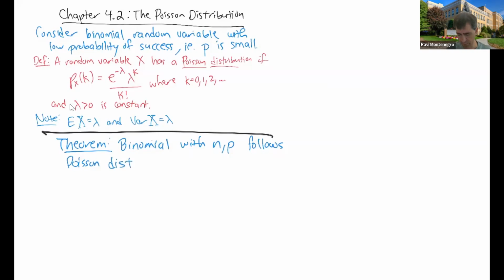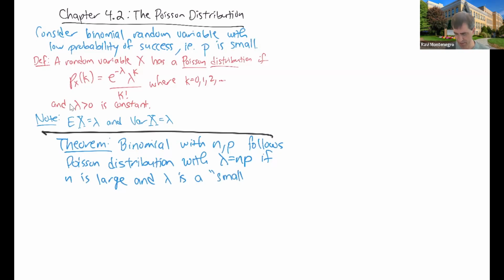So it follows the Poisson distribution with lambda equals np if n is large and lambda is basically a constant. And I'll put this in quotes for a reason.